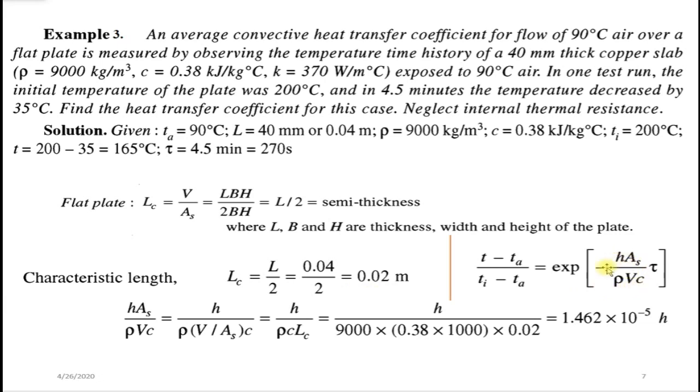Only h is the unknown. So first they find this value, h AS divided by rho into V into C. Here h divided by V by A into rho into C, that is nothing but h divided by rho into C into LC, since V by A is LC. So they have written the whole term in terms of h now.